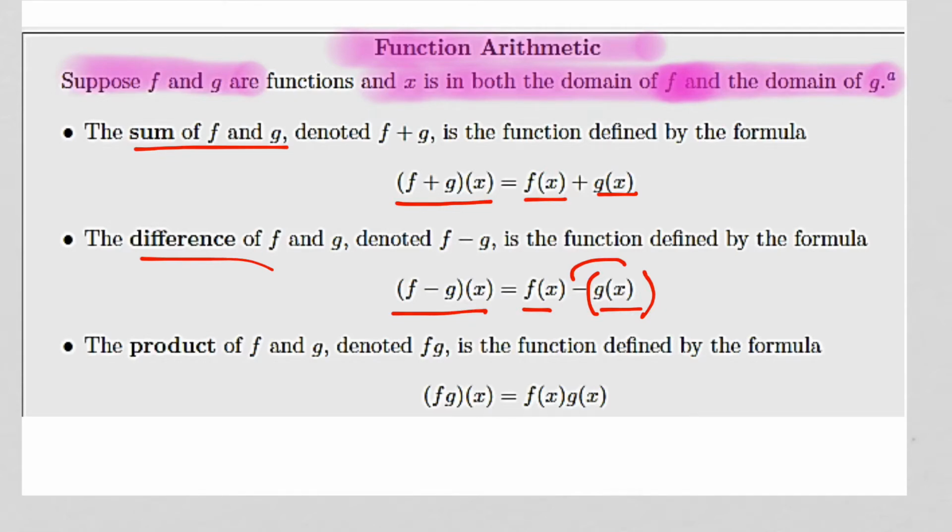And then the product of f and g is denoted just fg, or sometimes you'll see a dot in between them like this, and it'll be written (f·g)(x), f times g of x, which is simply the product of the two functions f and g.